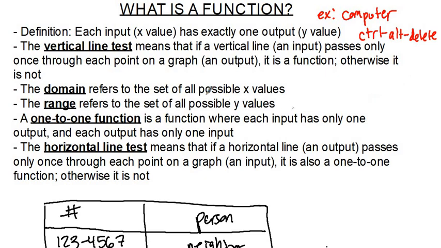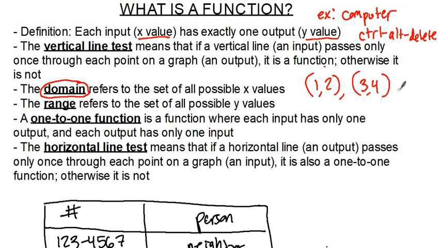Usually the way that functions work is that the input is symbolized by an x value and the output is symbolized by a y value. And the term that's used for the set of all possible x values, that's called the domain. I'll show you in a sec how to find the domain. The domain is all the different things that x could be. So a really simple example, suppose you had just these two coordinates right here, 1 comma 2 and 3 comma 4.